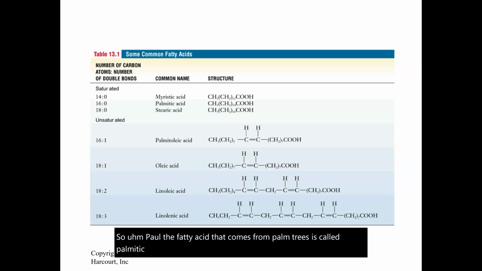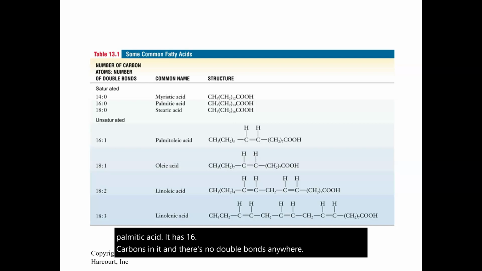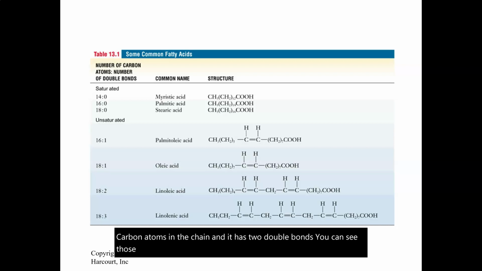It has 16 carbons in it, and there's no double bonds anywhere. Then linoleic acid has 18 carbon atoms in a chain, and it has 2 double bonds. You can see those double bonds in the middle here, 1, 2. That makes that chain twist and turn, so it's not going to be flat.